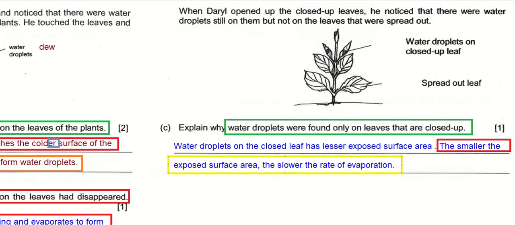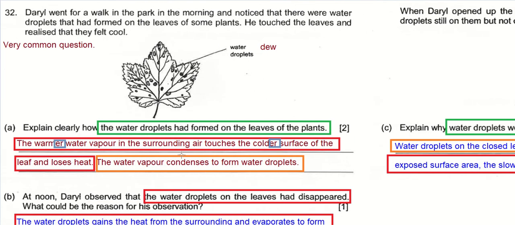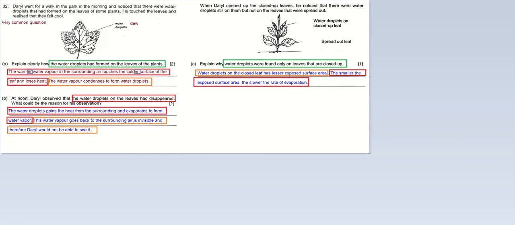So what's the reason for you to write this? The reason why we put that evidence is because we want to explain that water droplets on the closed leaf have lesser exposed surface area. Alright, so that's the answer for this question. It's very easy.